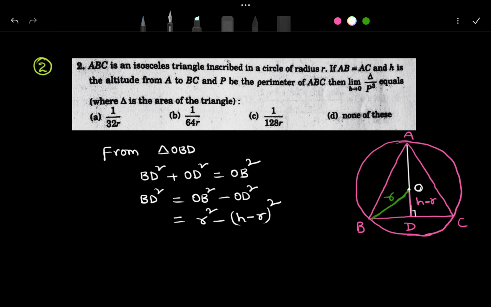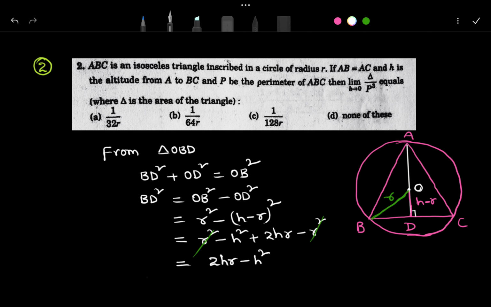Now you can write this as a square minus b square form, or you can expand directly. Expanding, r square minus h square plus 2h into r minus r square. Here plus r square and minus r square cancel. Now this value equals 2h into r minus h square.